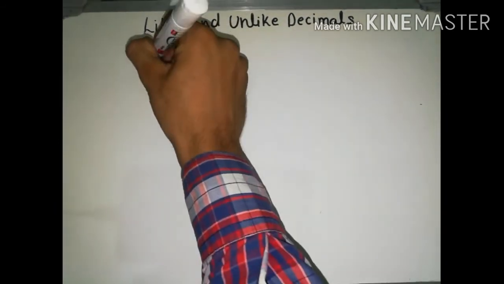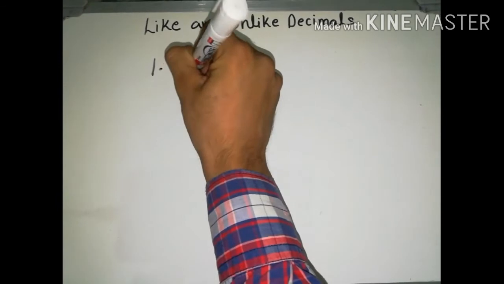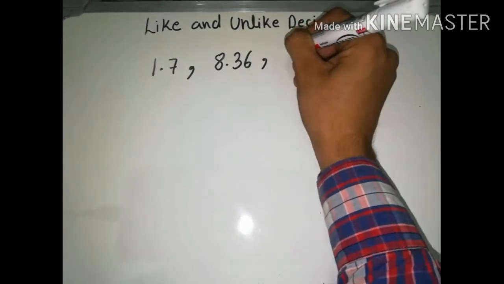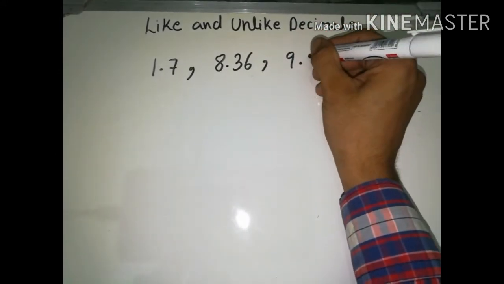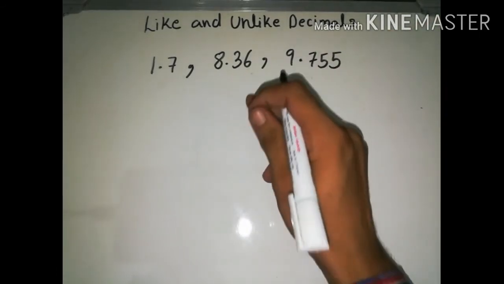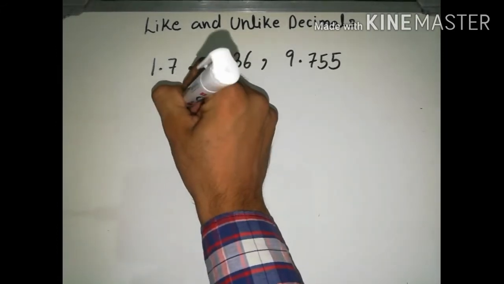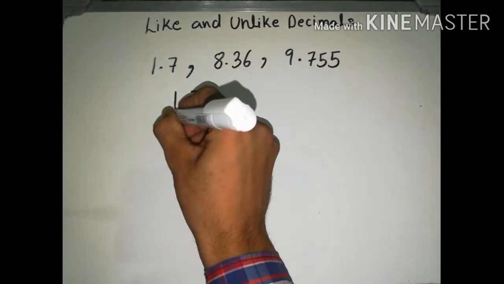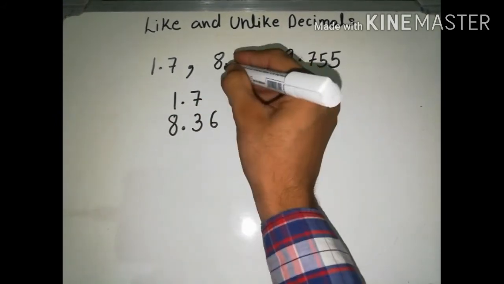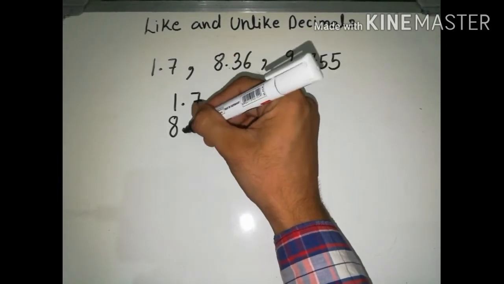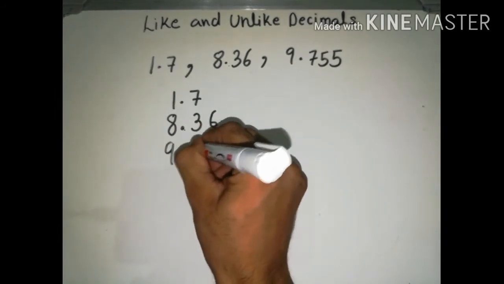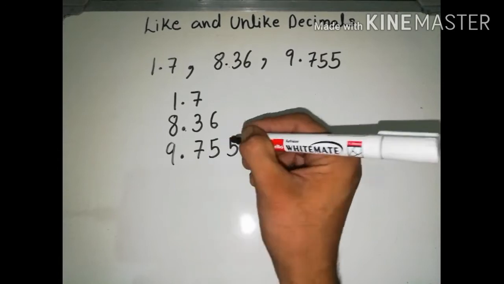So I am explaining one more example. We have 1.7, 8.36, 9.755. So what we will do, we will write them in a line. We have 1.7, then 8.36. Keep in mind, decimal के बिल्कुल नीचे decimal, that is 9.755.